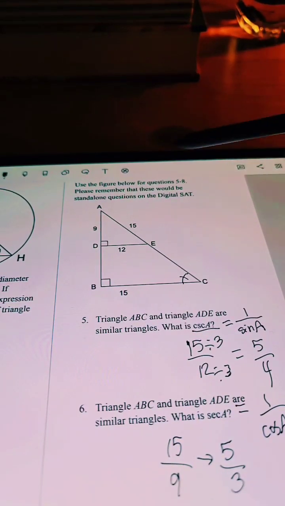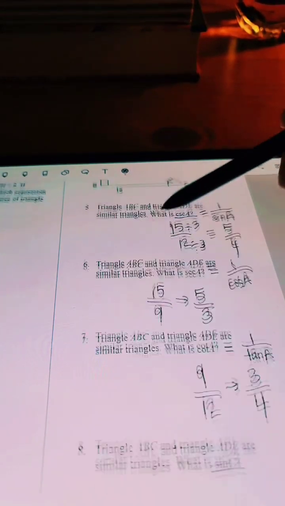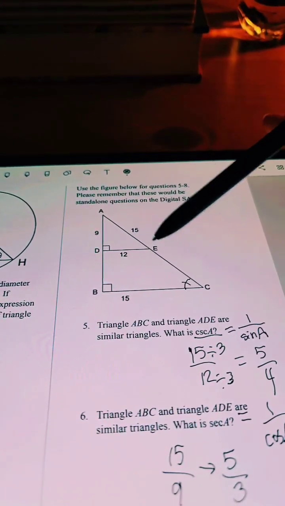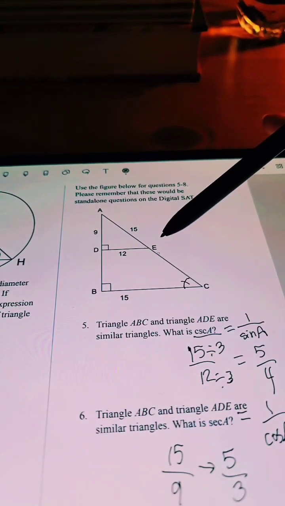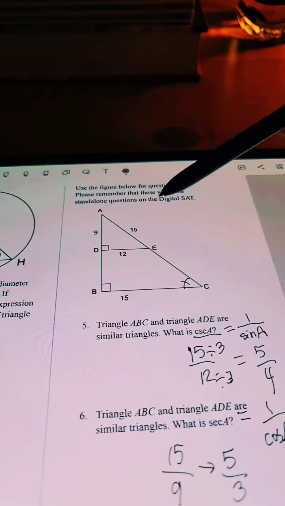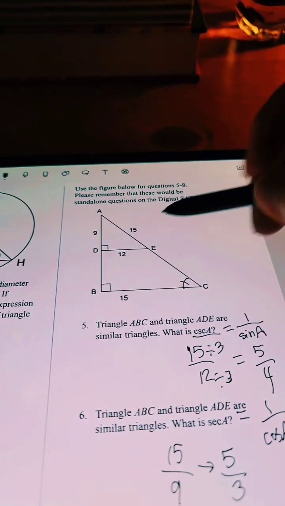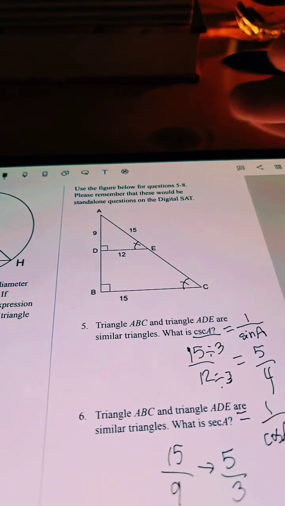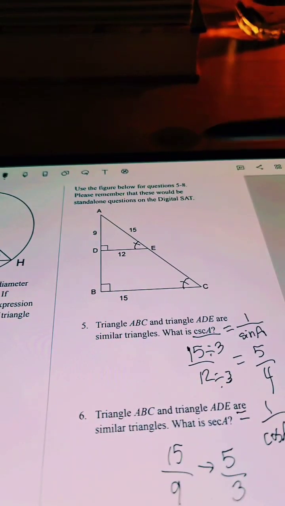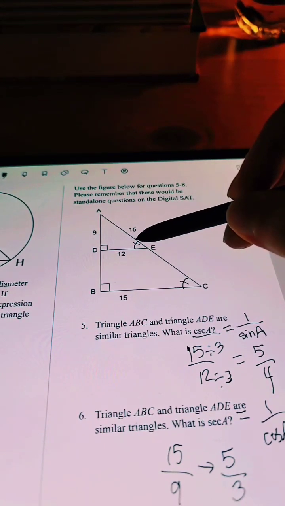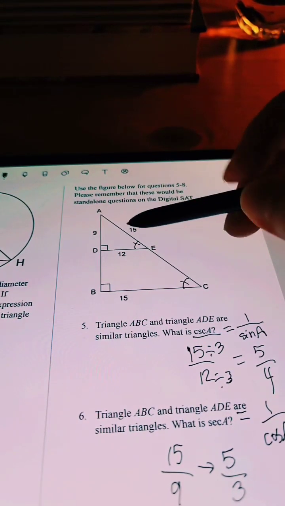So I'm finding the sine of C, so that would be opposite over hypotenuse. Okay, let's think. Yes, there is an easier way to do this. They're similar triangles, so that means that these angles are equal, so I don't have to do the whole solving for the missing parts. I can just say the sine of this is going to equal the sine of this since they're similar triangles.